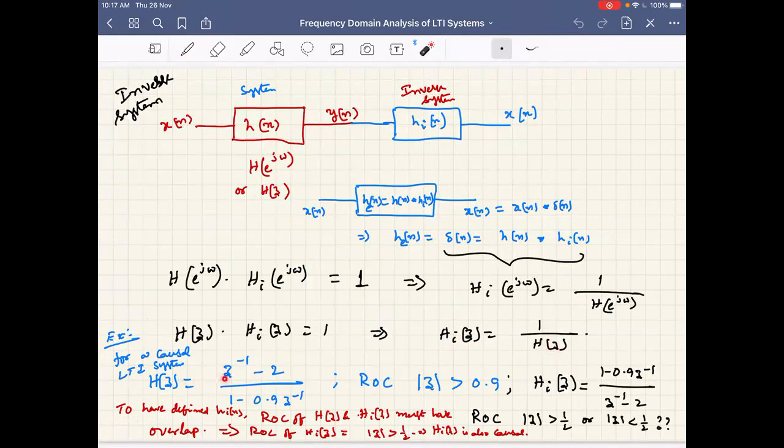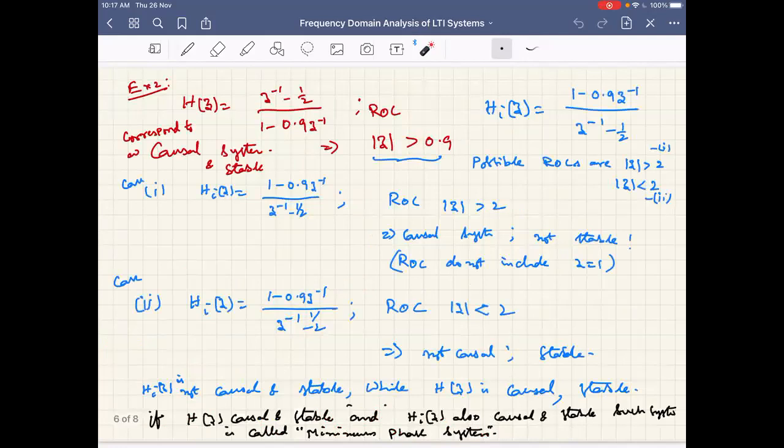We have also seen how to find the ROC for the inverse system given the ROC for the original system, considering that there should be an overlap between the ROC of H of z and Hi of z, so that there is a common region wherein we can have this relation. We have seen two different examples.